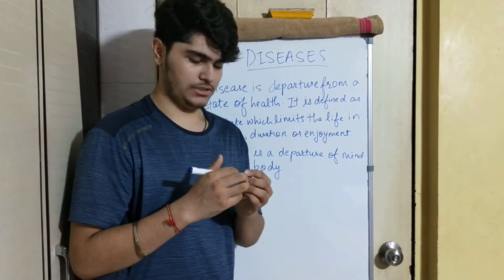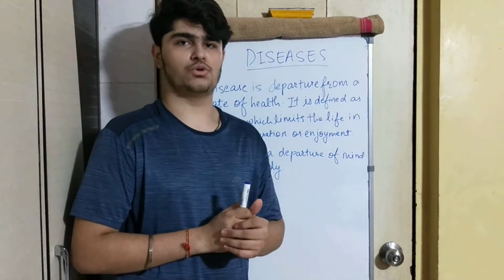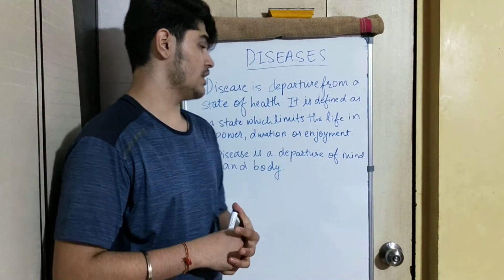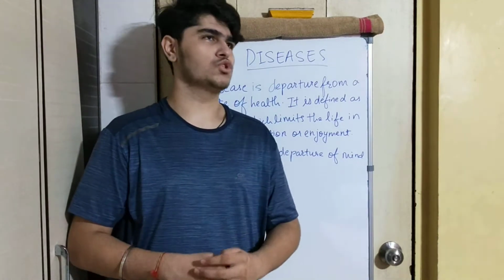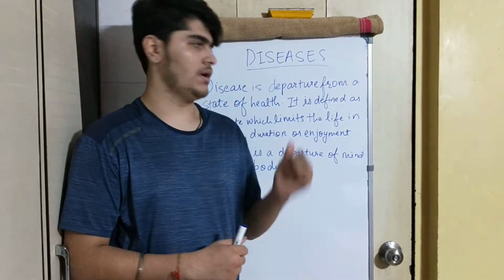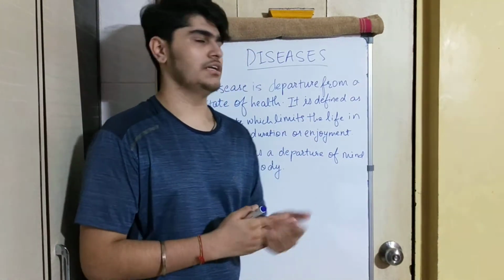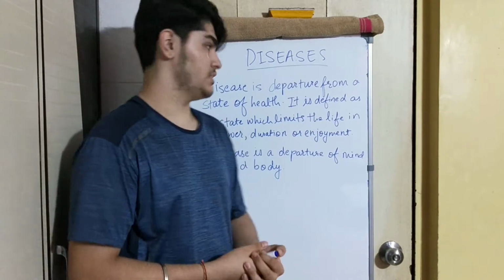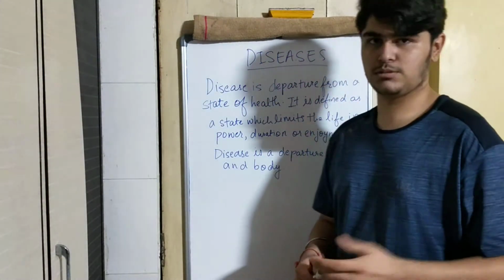This is the definition of disease as given in the textbook. If you want to score good marks, this is asked for 2 to 3 marks. Most probably they ask for 2 marks. So if you want to get full marks in the definition of disease, you can copy this definition, or you can easily get it in the textbook.